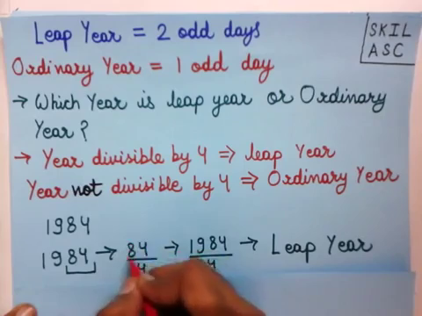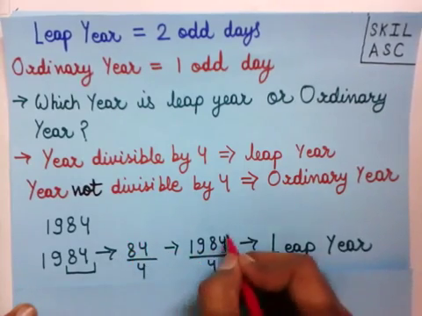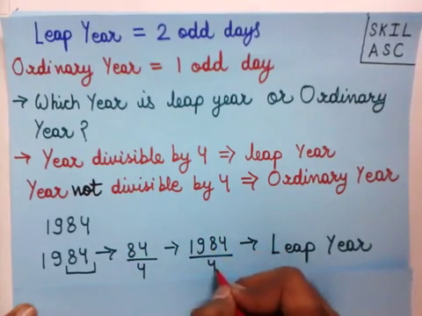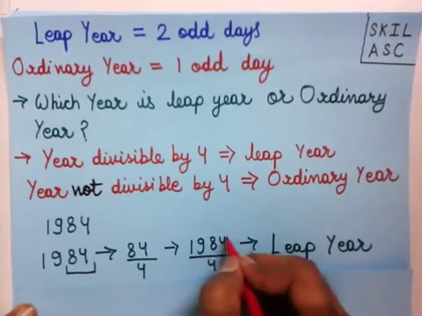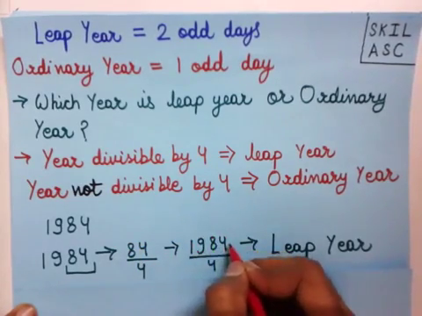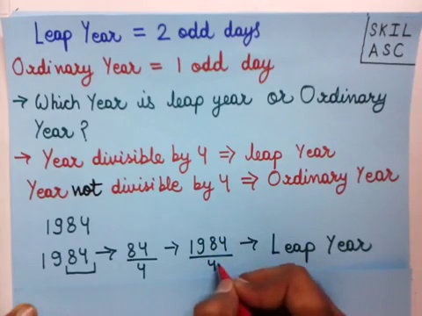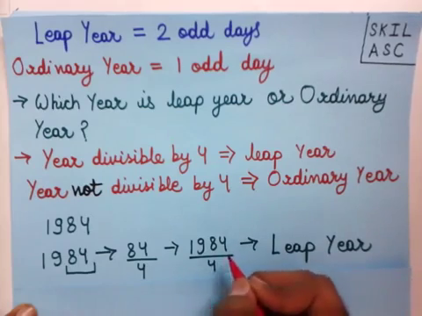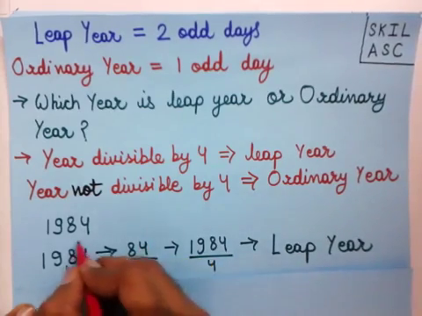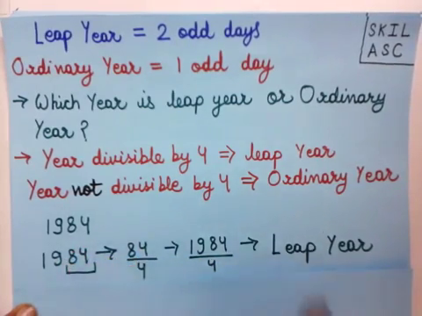And if it is divisible by 4, then it will mean that this complete number is divisible by 4. And if it is not divisible by 4, then it will mean that this complete number 1984 is not divisible by 4. So we don't need to divide this complete number by 4. It will take much time. You only need to take its last 2 digits, whatever the number is.